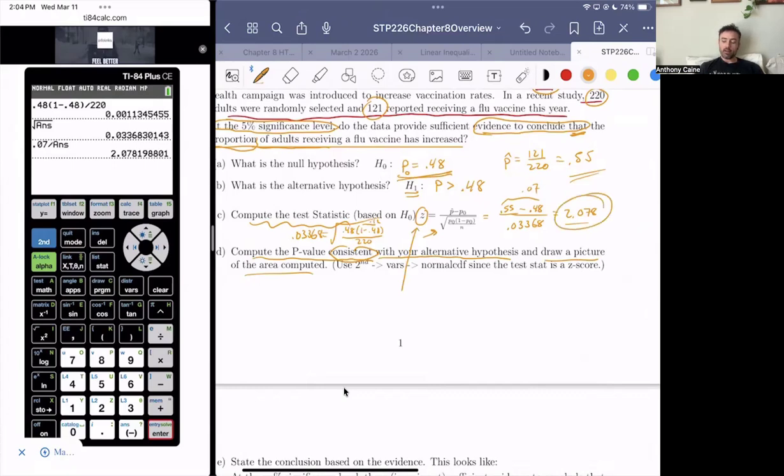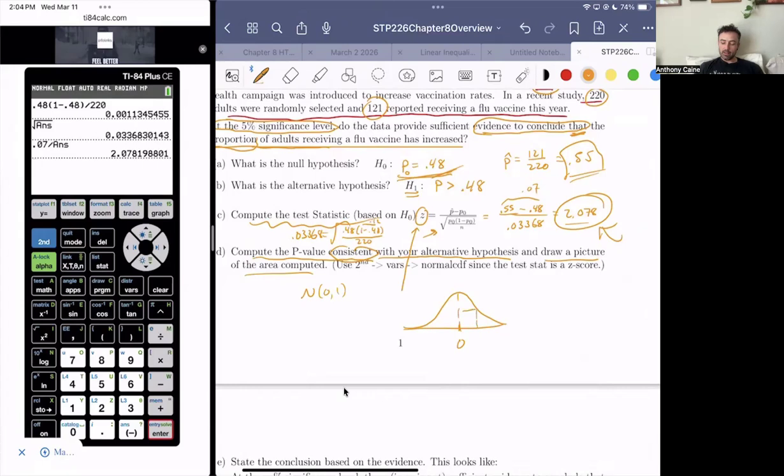If you take a random sample of 220 people and see how many of them got vaccinated, that proportion, you then adjust and divide by a standard error. That result will be on a standard normal curve. So I can draw a standard normal curve. It looks like a normal distribution, but I know the peak is at 0 because it's a standard normal, so it has mean 0 and standard deviation 1.